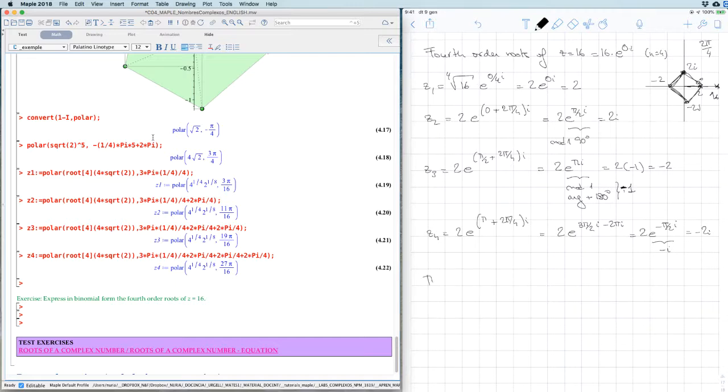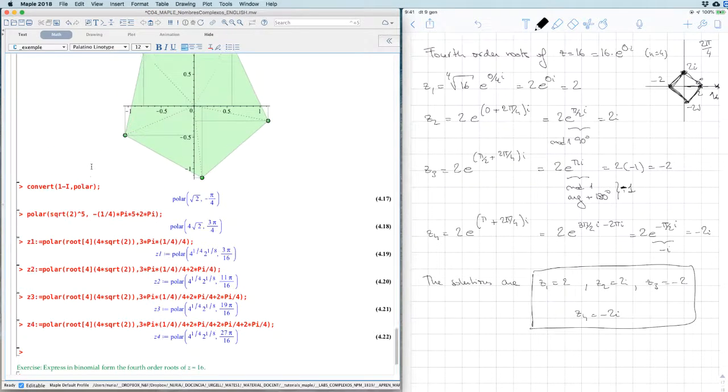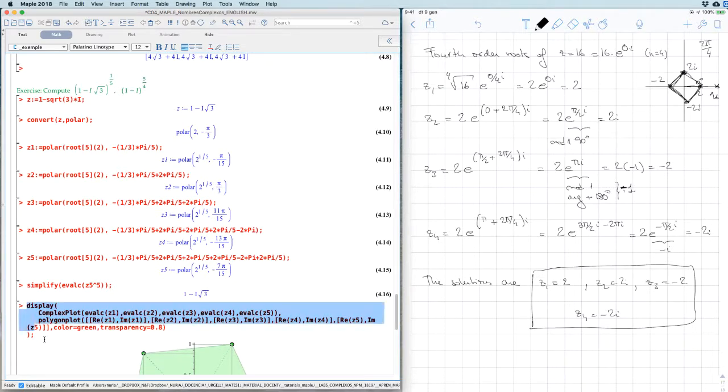So the solutions are 2, 2i, minus 2, and minus 2i. If we can do the exercise by just making a plot, we can justify it and we don't need to do anything else. So let's do the exercise and let's make the plot.